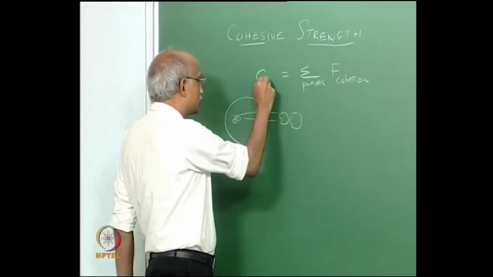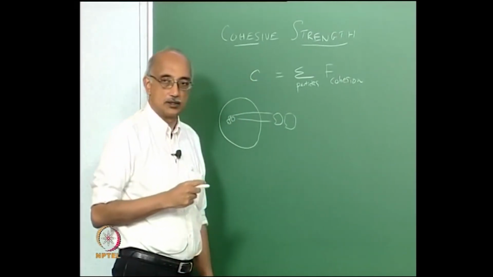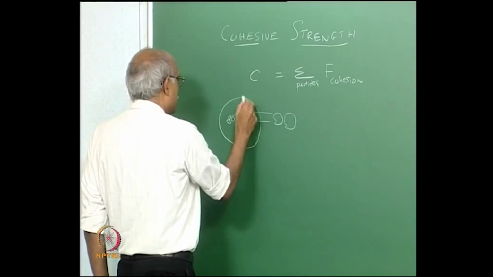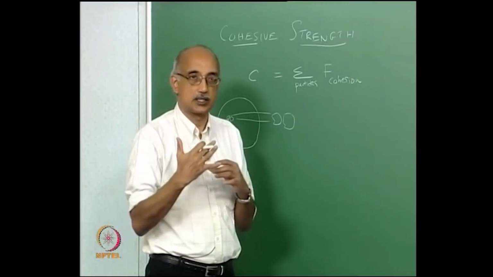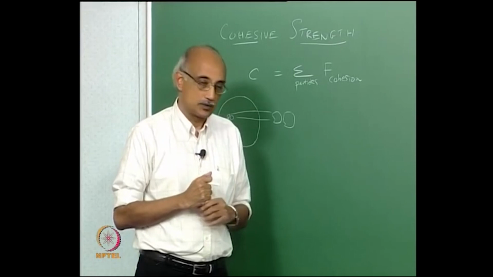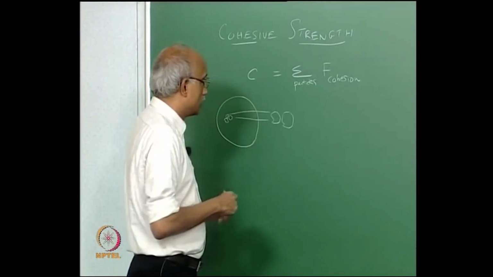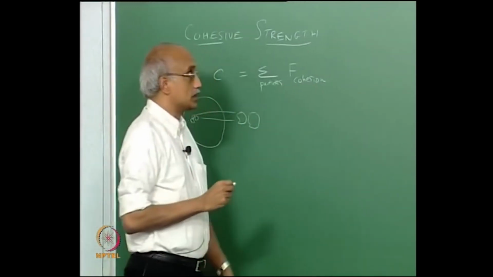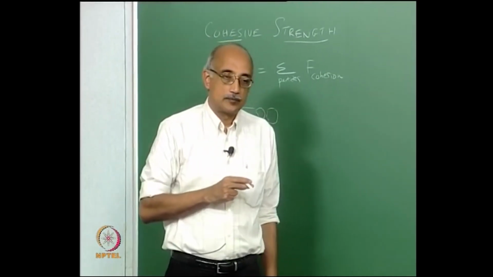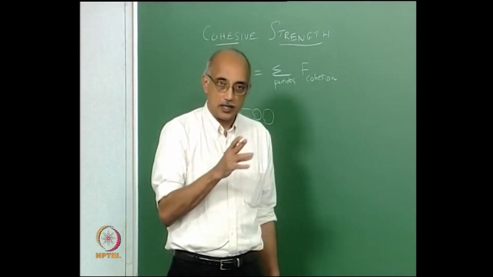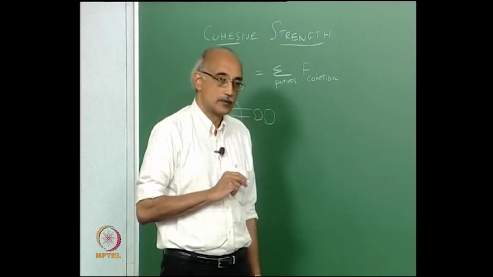Whereas when we talk about the cohesive strength of the entire tablet, we are talking about this entire array of particles and how intact that tablet is, again under various stresses that you may apply to this tablet. Now, this F cohesion is what we have been calculating earlier with the various components that contribute to cohesive behavior.